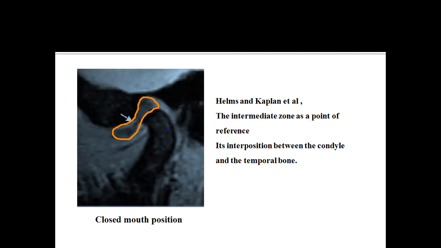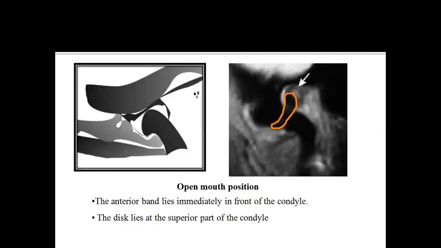In this, they did not use any degrees. You can follow either the degree method, or if it is difficult for you to follow the degree method, then you can take this biological marker to determine the placement of the articular disc.